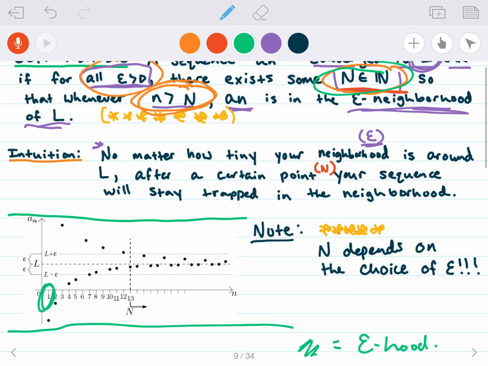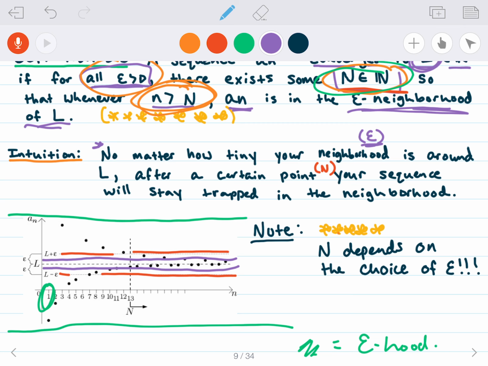Now let's go back to this example. We had the original neighborhood in the dotted line here, centered at L. But what if I took something even smaller? What if I took my epsilon neighborhood to be these purple guys right here? This is my hood now. And so now I need an even bigger capital N to make sure everyone's captured.